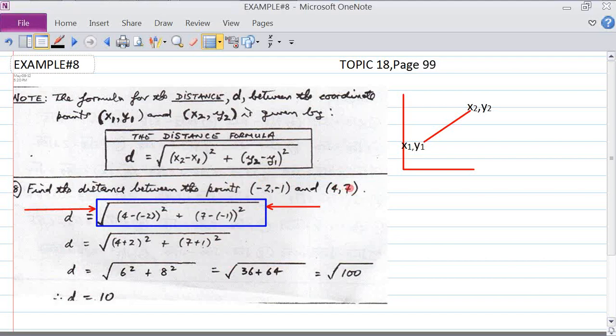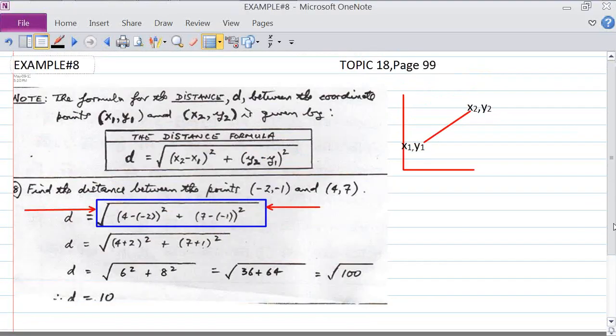Your difference in your y's is 7 minus (-1), because there's a minus here and then you've got the minus 1. So 7 minus (-1). 4 minus (-2) is 4 plus 2. 6 squared here is 36. So you go 4 plus 2, that's your 6 squared. 7 minus (-1) is 7 plus 1. The minus 1 here becomes plus 1. 7 plus 1 is 8. You've got 8 squared. 6 squared is 36. 8 squared is 64. 36 plus 64 is the square root of 100. The square root of 100 is 10.